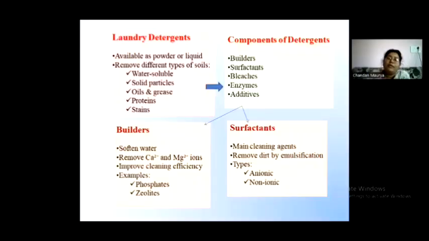The earliest builder was sodium carbonate, which is also known as washing soda, and sodium silicate, which is called water glass. In the 1930s, phosphates, for example, sodium phosphates, and polyphosphates, for example, sodium hexametaphosphate, were introduced. Continuing with the introduction of phosphonates.